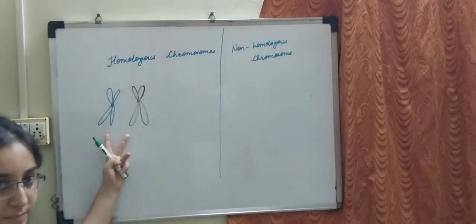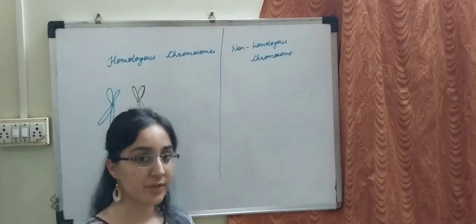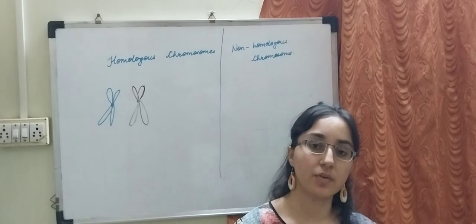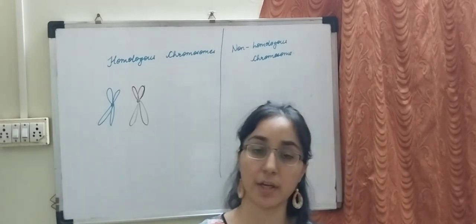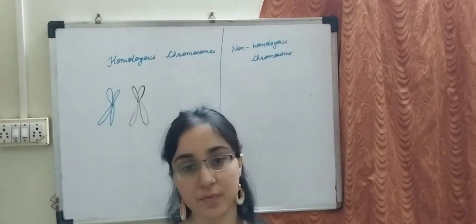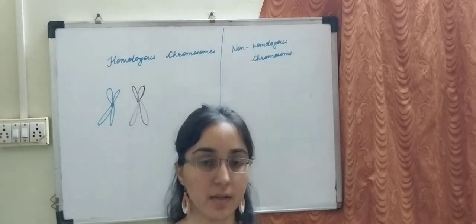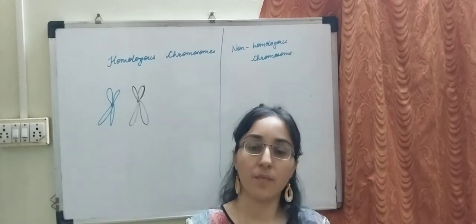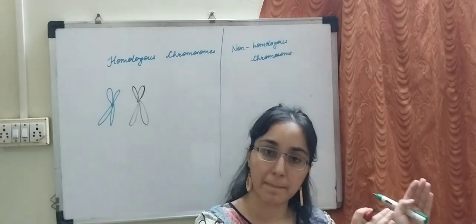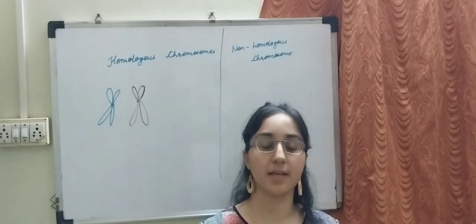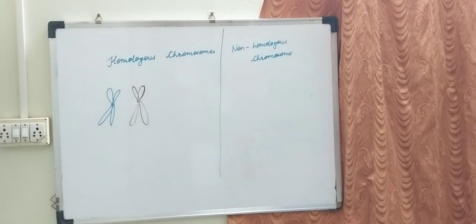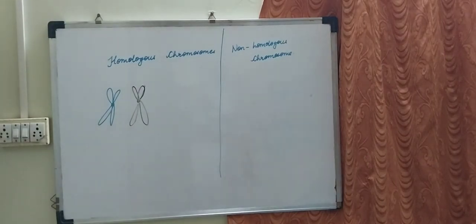These are two chromosomes. So during cell division in meiosis, what actually happens? In prophase 1, in the zygote stage, the homologous chromosomes come and pair. One chromosome comes from the paternal side, that is the father's side, and one chromosome comes from the mother's side.